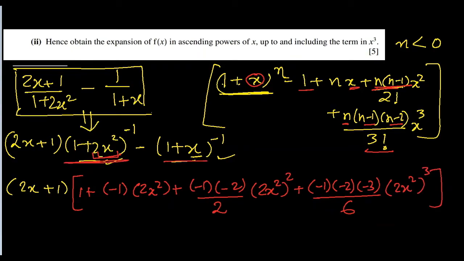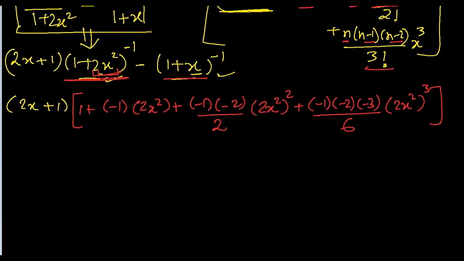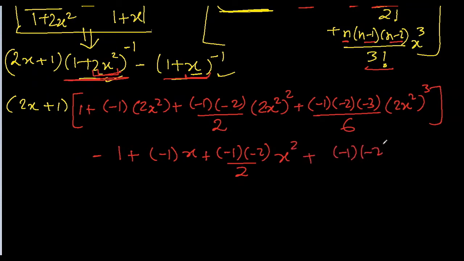Now we'll write the expansion of the second part. The formula is 1 plus nx, which is minus 1x. In this case, x is x, so no need to change anything. Plus minus 1 minus 2 divided by 2 factorial, which is 2, x square, plus minus 1 minus 2 minus 3 divided by 3 factorial, and x cube.